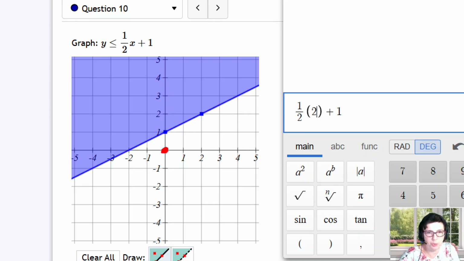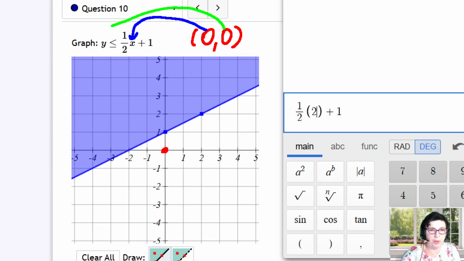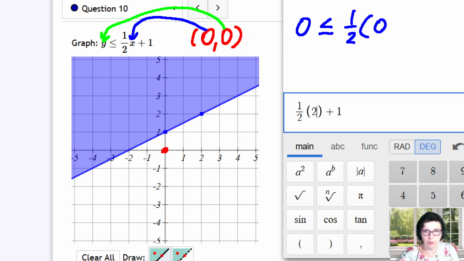So I'll take this point 0, 0, which means that x is 0, y is 0. I'm going to plug them in, x for x and y for y, and see if I get a true statement. So for y, I'm plugging 0, less than or equal to 1/2 multiplied by x, which is 0 also, plus 1.